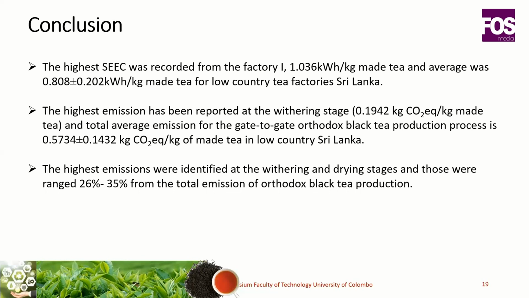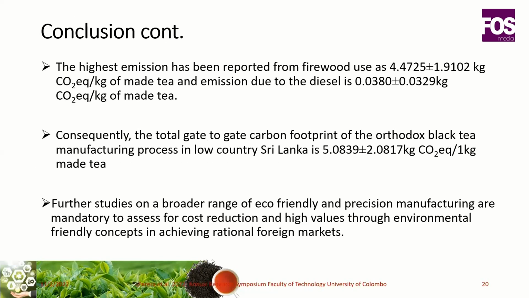And also the highest emissions were identified at the withering and drying stages, and those ranged around 26% to 35% of the total emission of orthodox black tea production. And further, in concluding, the highest emission has been reported from firewood when considering the energy sources.